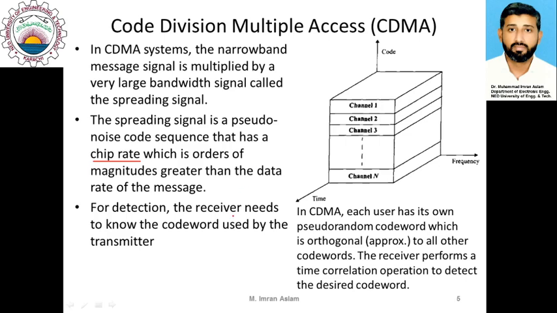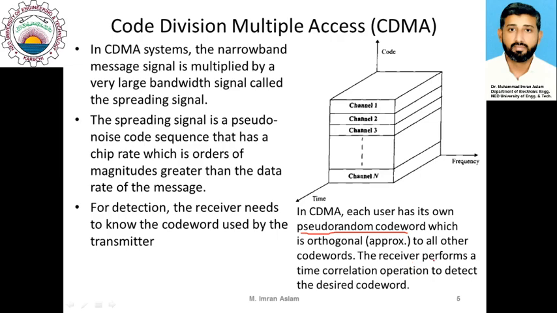For detection, the receiver needs to know this pseudo noise code, and it decodes the signal by using time correlation. In a CDMA system, each user is assigned its own pseudo random code, and different pseudo random codes are approximately orthogonal to each other. Ideally we want orthogonal codes, but in some cases they are not exactly orthogonal, and approximately they are taken as orthogonal codes.